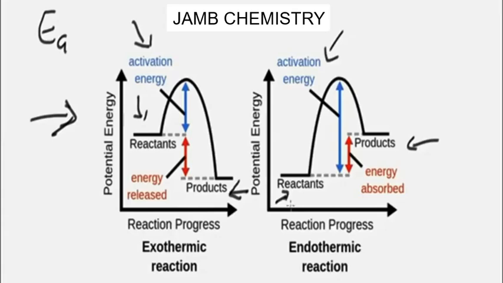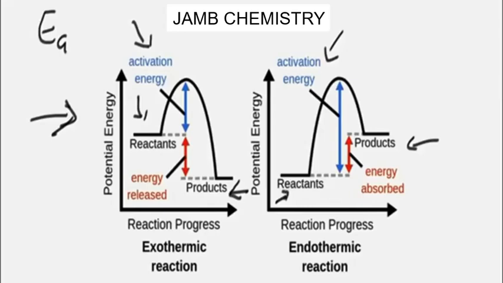So guys, this is a typical diagram for both endothermic and exothermic reaction profiles. So get used to this diagram, know it and know what is happening. Both involve activation energy, which is the minimum amount of energy needed for reaction to take place and start.